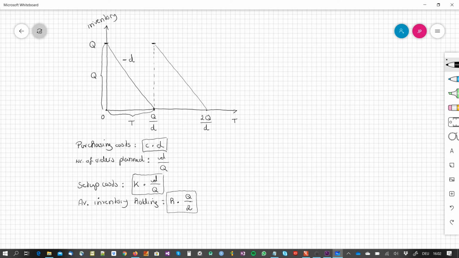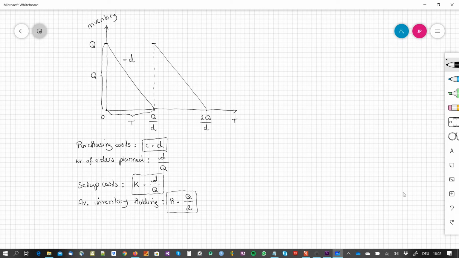Vice versa, if we have a high inventory holding cost factor, if that is very expensive, then we want to order fewer items so that we order more frequently, because holding inventory is more expensive.